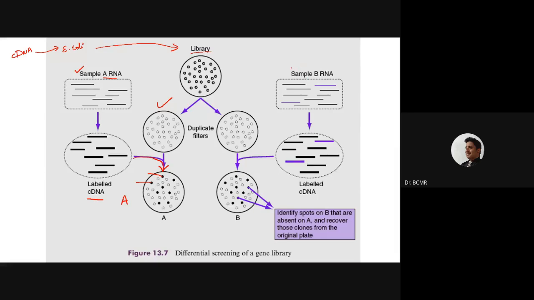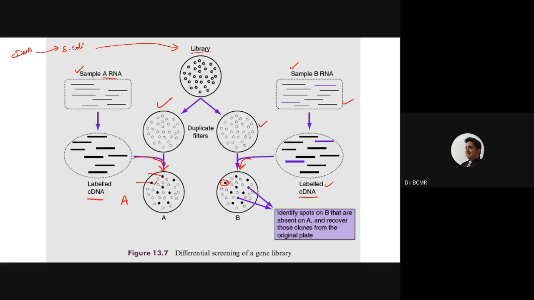You can also have sample B, which could be treated versus untreated. In a different RNA sample, you have constructed a labeled cDNA library, and you have done colony hybridization on the second filter that you have.